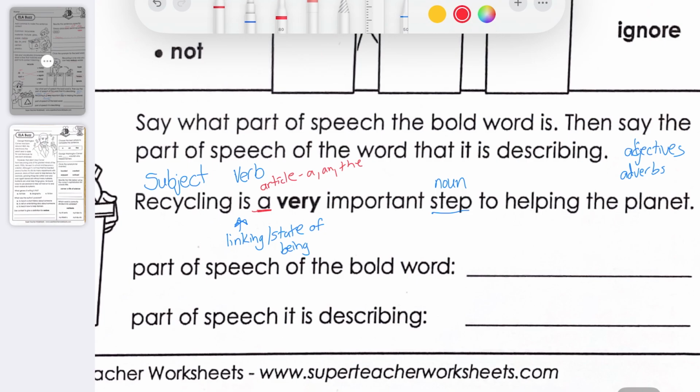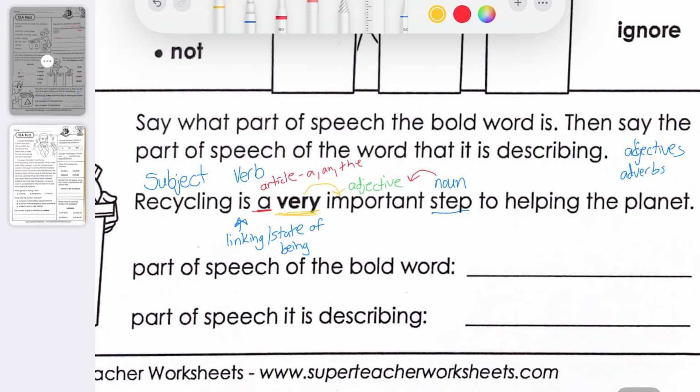So recycling is a very important step. Recycling is a step. What kind of step is it? It's an important step. Important step would be an adjective. This is an adjective because it's a describing word. It describes a noun. But then the bold word right here, very, very describes what?